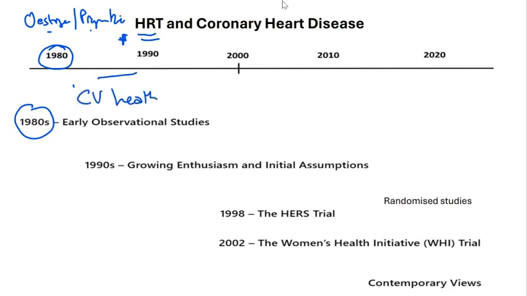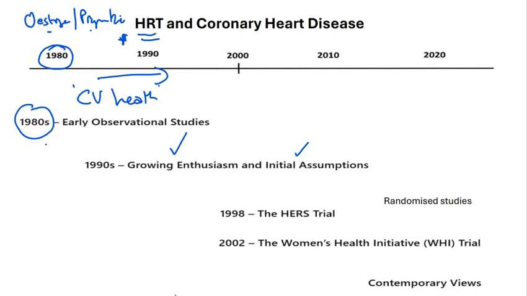As we progressed through the 1990s, there was a growing enthusiasm in medical circles that this was still the case, and this was based on these initial assumptions made in the 1980s.